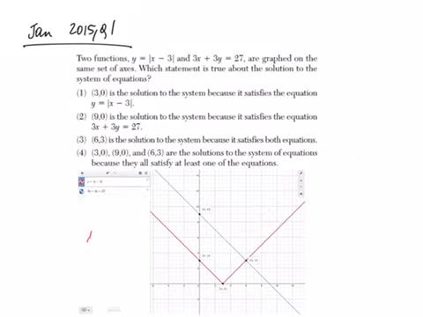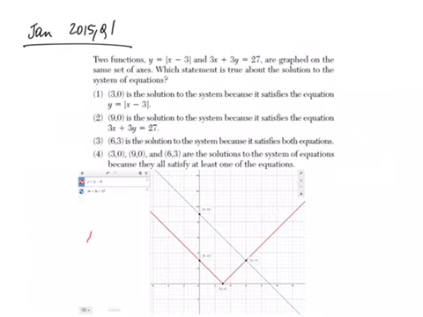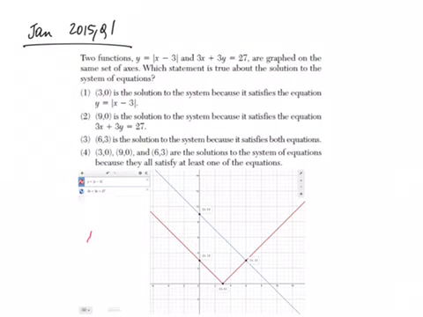Okay, so now we've got the two functions. y is equal to the absolute value of x minus 3 and 3x plus 3y is equal to 27. Now they are graphed on the same set of axes. Which statement is true about the solution of the system of equations?